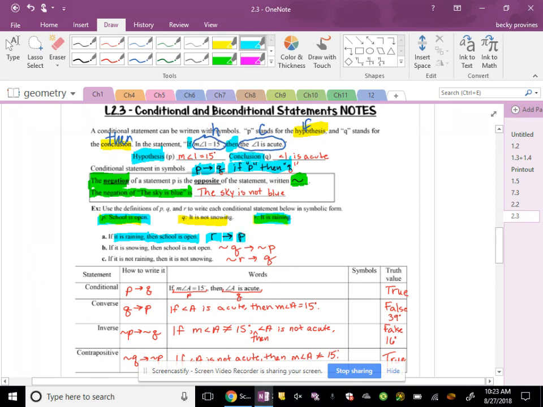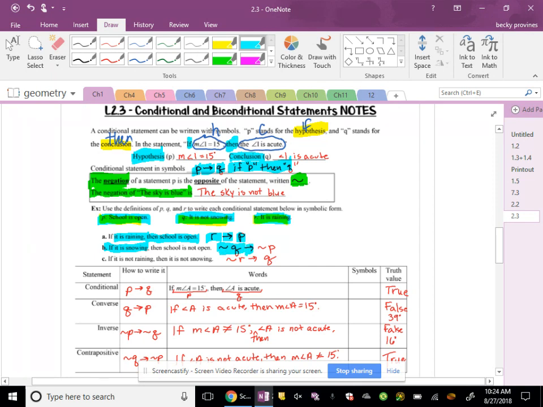Now, as you can see, the answers start to get more difficult. We're going to say if it is snowing. Now, if you look at Q here, it says it is not snowing. So what's the opposite of it not snowing? Then you would say it is snowing. So for my answer, I put not Q. Then I put my arrow.